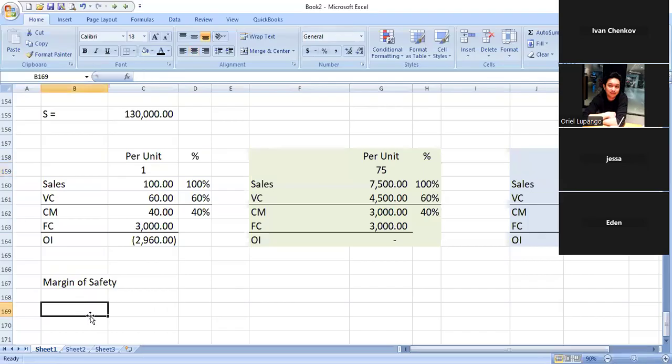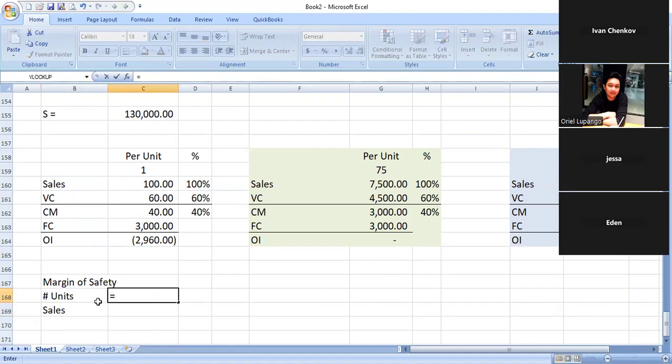So the margin of safety can be expressed by the number of units or as sales. For the number of units, my margin of safety will be where I am minus break-even. That means I'm 7,500 units above the break-even.